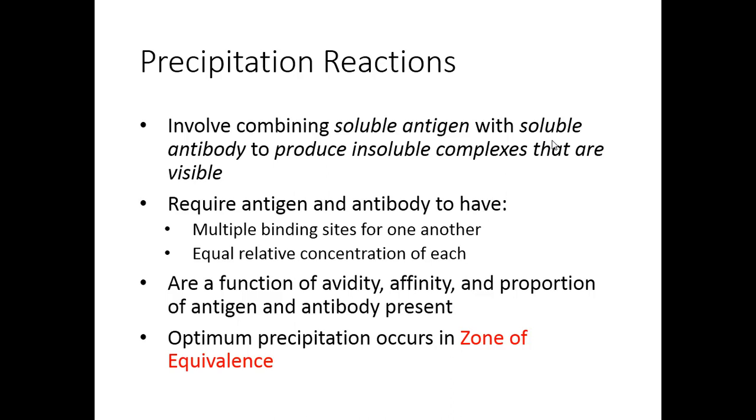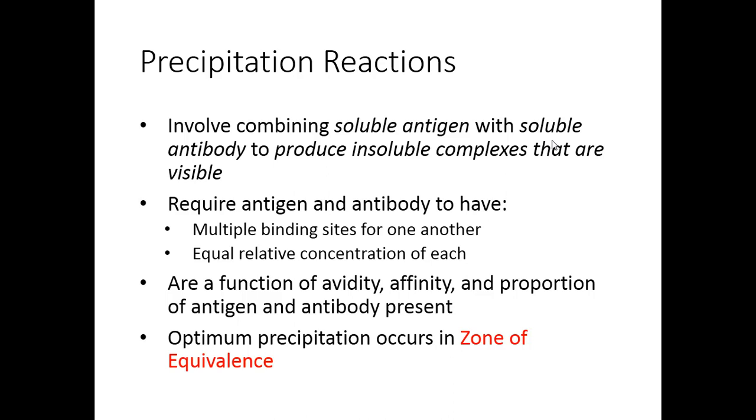So now that we know the concepts of the stages of antigen-antibody binding, let's look at how we use this in the lab. The first test methodology that we're going to look at is precipitation reactions. This involves combining soluble antigen with soluble antibody to produce those insoluble complexes.